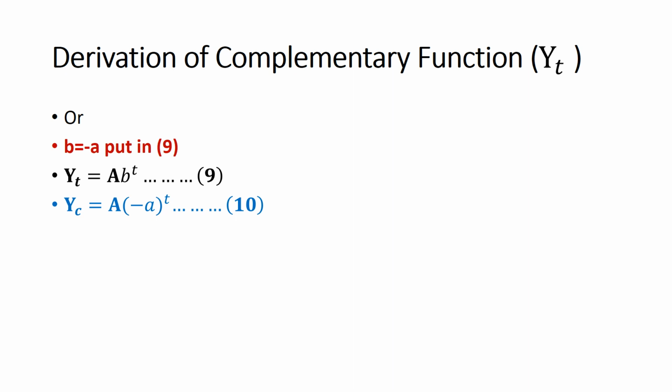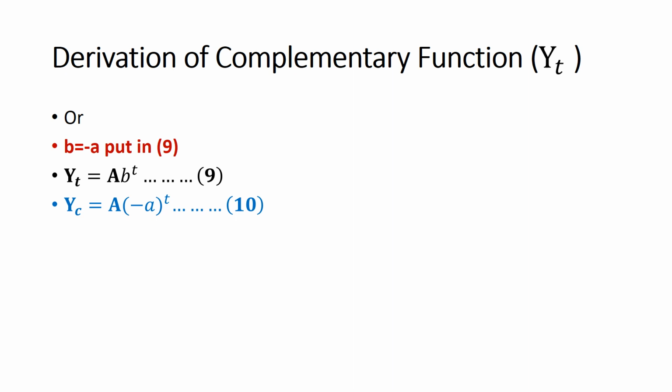The value of b is put in equation number 9, that is yt is equal to A b to the power t, which we assumed previously. Putting the value of b, we will get yc. So yc is equal to arbitrary constant capital A into minus a to the power t.